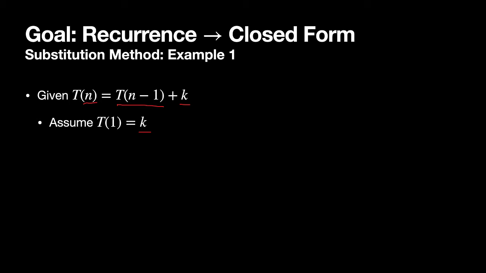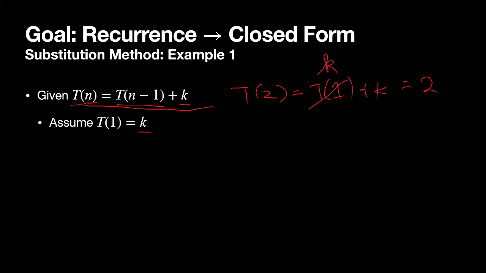So the first step of the substitution method is trying to come up with some sort of a reasonable guess about what a closed form of the equation would look like. So if you think about this equation, let's just think about the T of 2. That would be the T of 1 plus k. And we know that the T of 1 is also k. So this simplifies down to 2k.